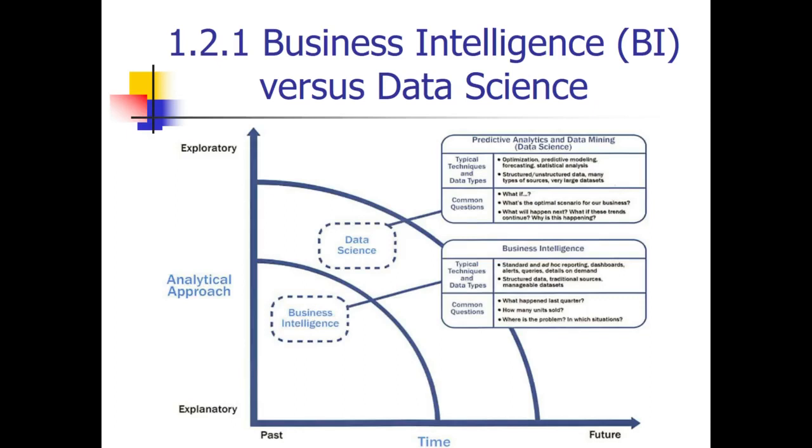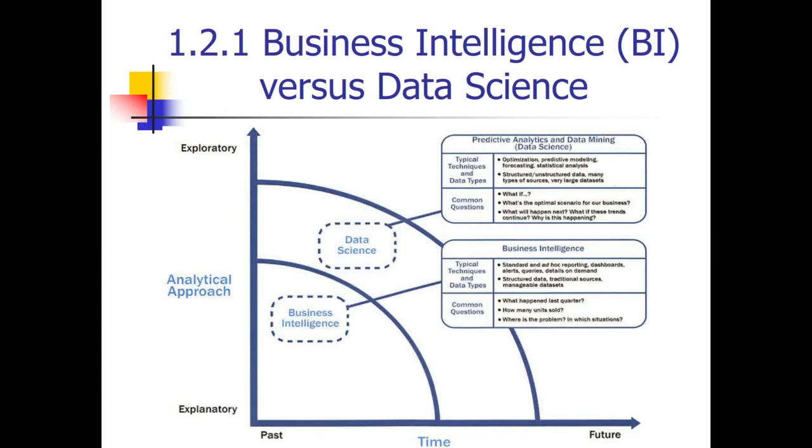Typical techniques and data types are used in data science, and the common questions are what and why we have to go for this. That is the actual common question in data science. Business intelligence uses typical standard and ad hoc procedures for analyzing and visualizing the data.